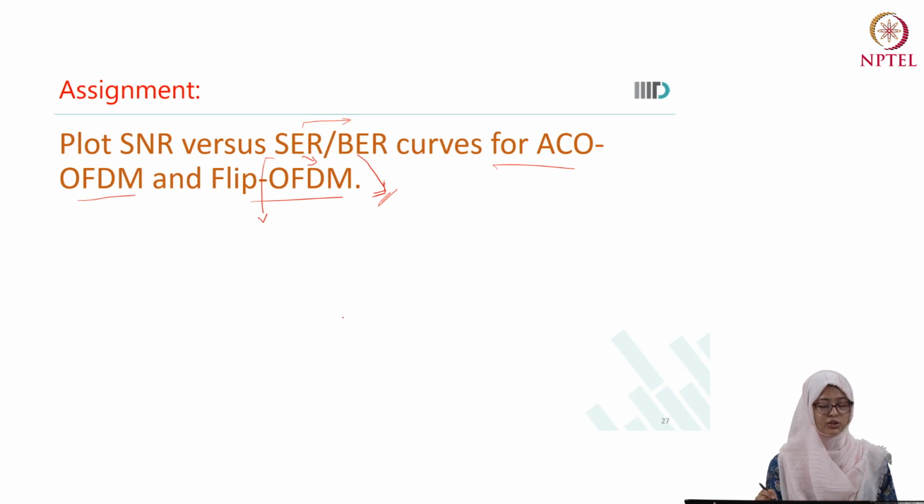You can revise the lecture videos to get a clear understanding of what is happening inside the ACO and what slight difference is happening inside the Flip, and only that much part you change in the basic DCO-OFDM code and you're good to go.